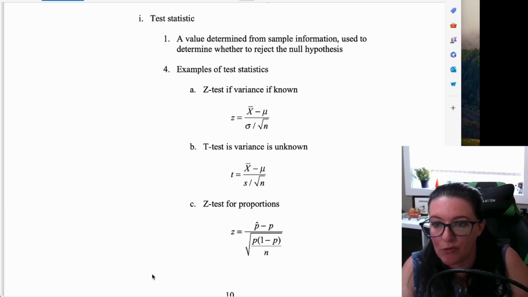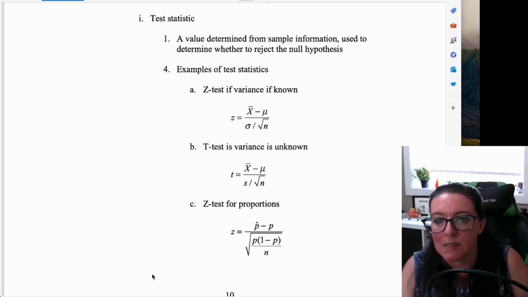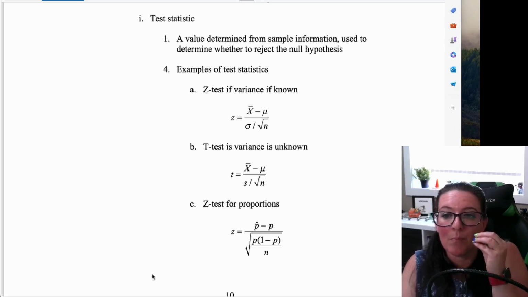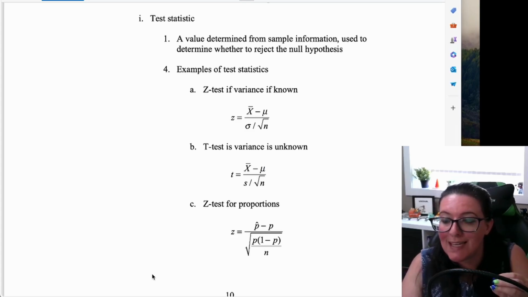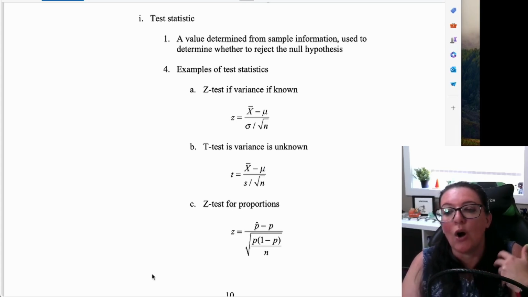So for example, for our t-test, we had the t-score, x bar minus mu, divided by the sample standard deviation divided by the square root of n. So we would do that calculation and get a test statistic, and we compare that number to the critical value t that was dependent on alpha, on that level of confidence, on that amount of error that you're willing to accept. So we compare the critical value and the test statistic.